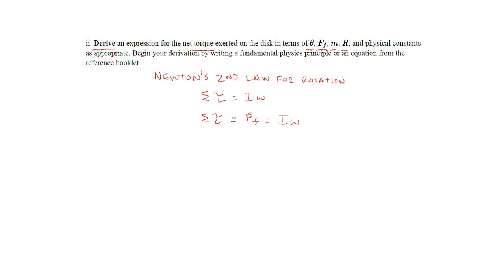And of course, torque is equal to r times F times sine of theta. So we can write this torque, the friction, as capital R times the force of friction, and that's equal to I alpha.